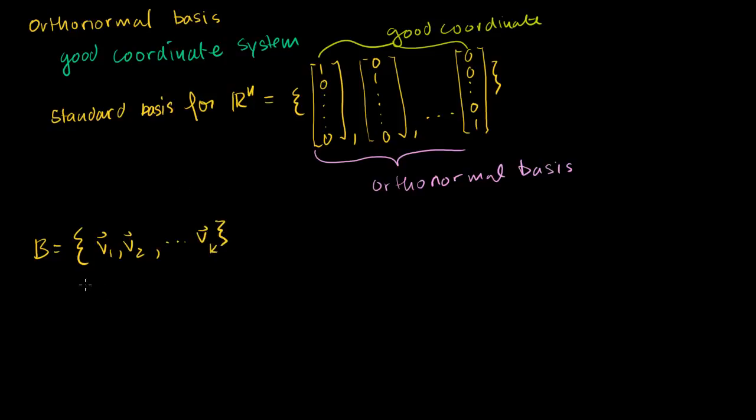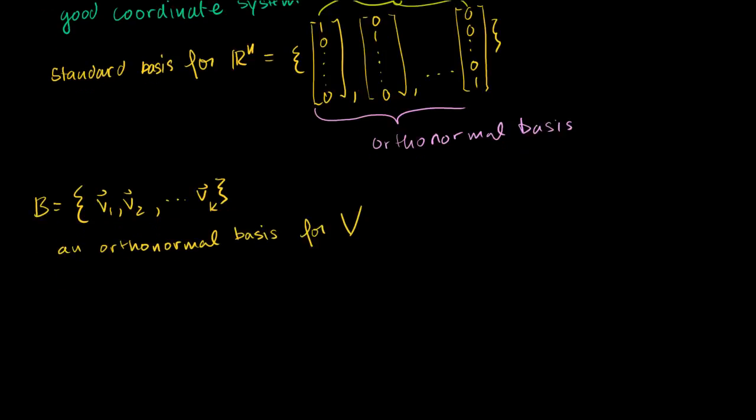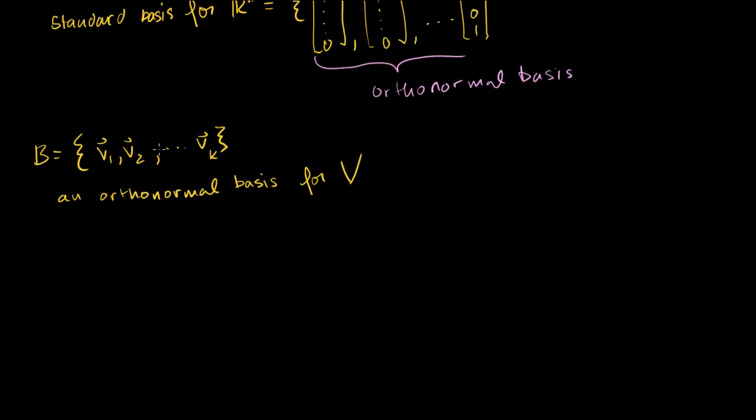And it is an orthonormal basis for some subspace V. And this is a k-dimensional subspace because you have k vectors in your basis. Now, let's experiment with this a little bit. I'm claiming that the coordinate system with respect to this is good.